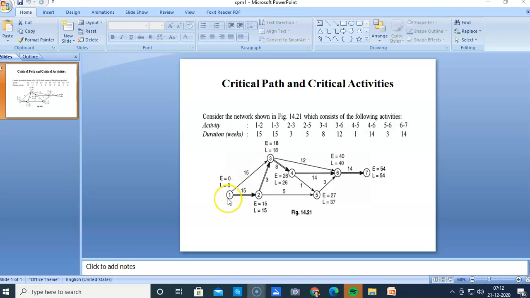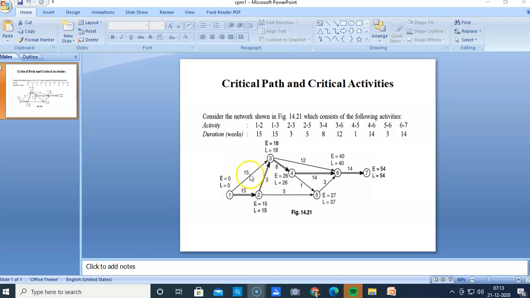Okay, so the activity at node 1 starts at 0. And it takes 15 units of time to go to node 3, and similarly activity 1 to 2 is completed also in 15 weeks duration, and similarly all other activities. So what do we do now? Now 3 to 6, this is 12 units of time it takes.